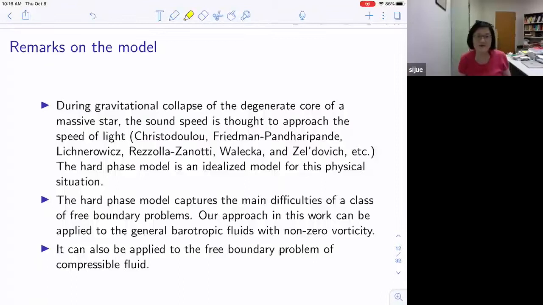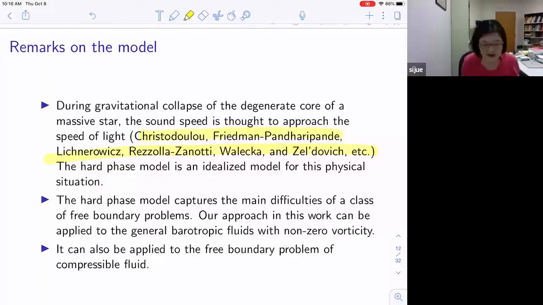It's pretty close, so you can find this in the literature. And then the half-phase model is an idealized fluid for this physical situation. But of course, we choose this model for some other reasons: we don't want to start with something too general, to get away from other difficulties.